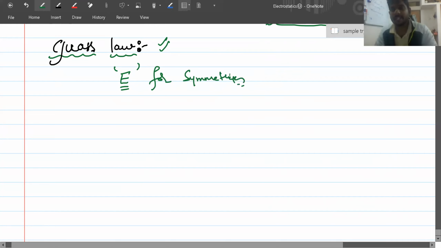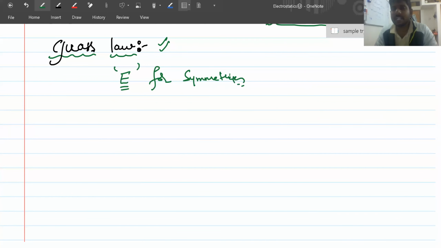Why am I saying symmetry? If we can draw a Gaussian surface, which we'll study in this topic as we go forward, we will be easily able to find the electric field on that surface by using this law.